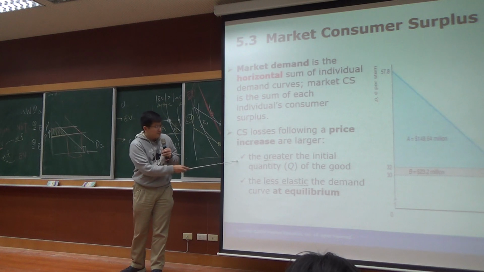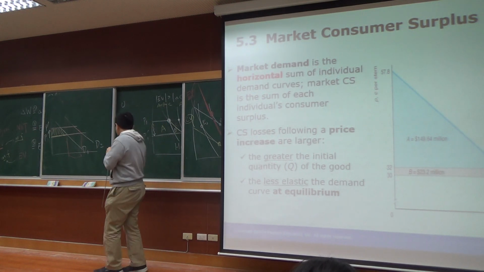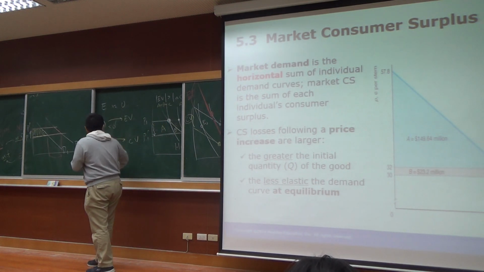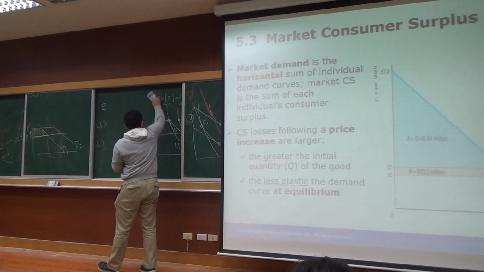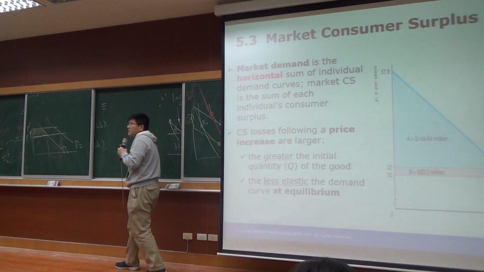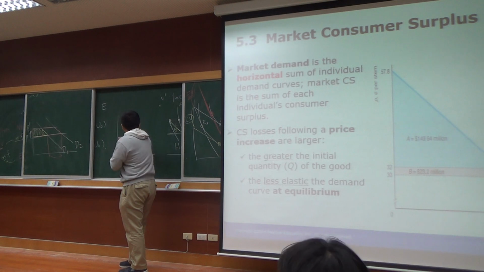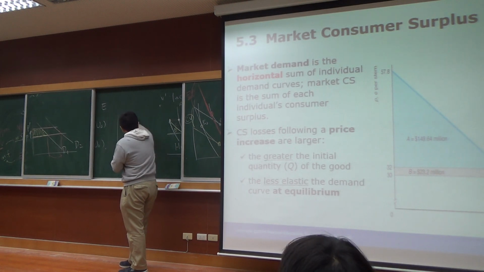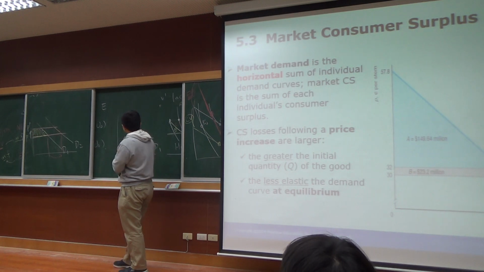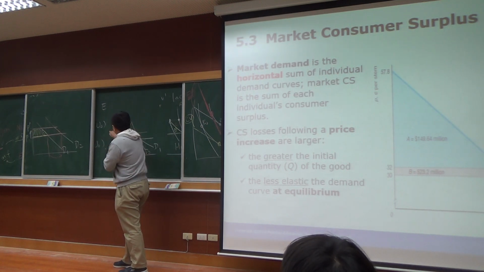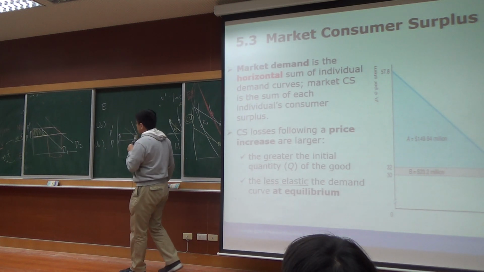So this is the first part. And the second part, given the same initial quantity, D1, D2, and the new price, an increase in price from P to P prime.